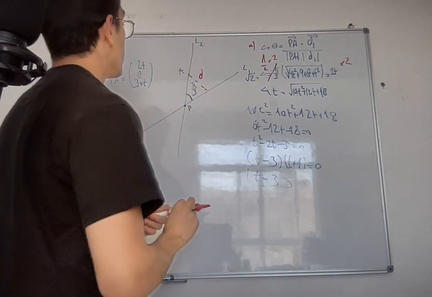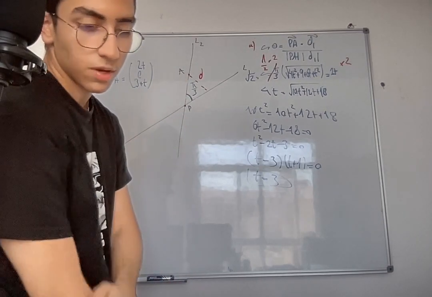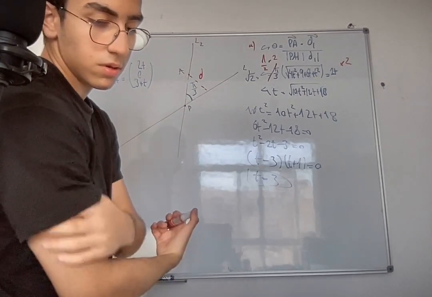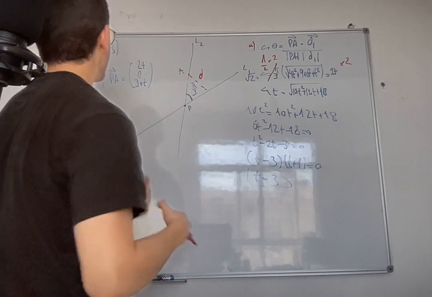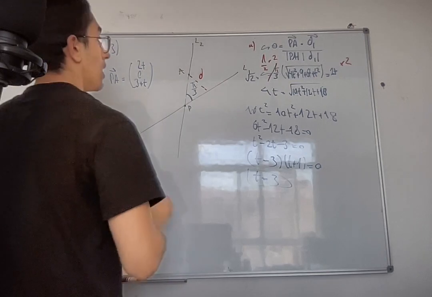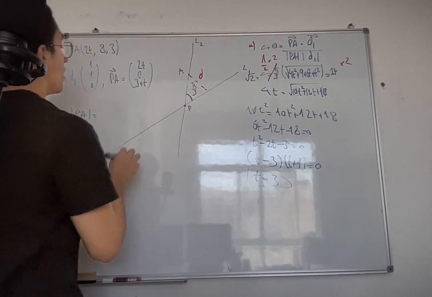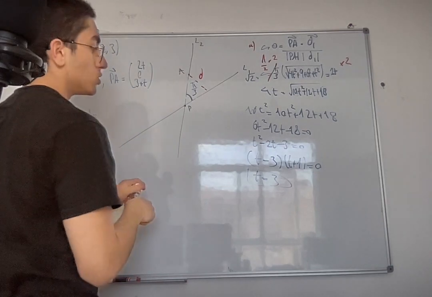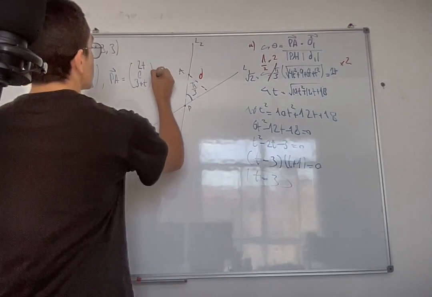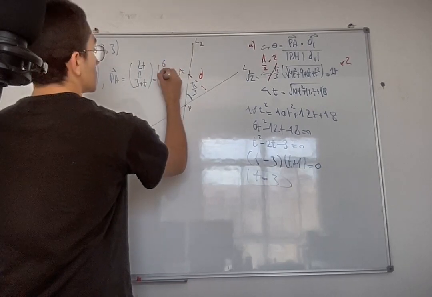So we have the point P to A. You can find the magnitude of PA. We have t now, so it's (6, 0, 6).